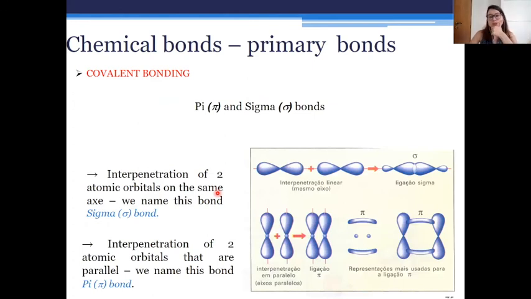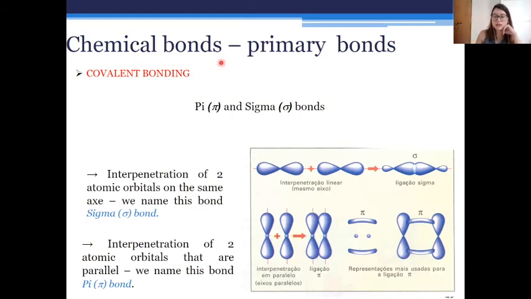So in covalent bonding, we have to distinguish pi and sigma bonds. If the interpenetration of two atomic orbitals is on the same axis, we name this a sigma bond.